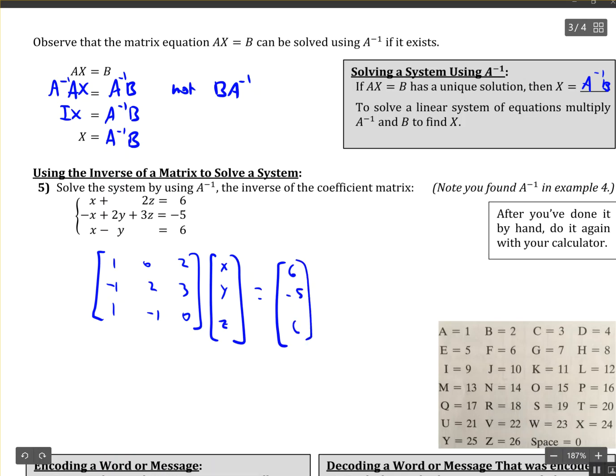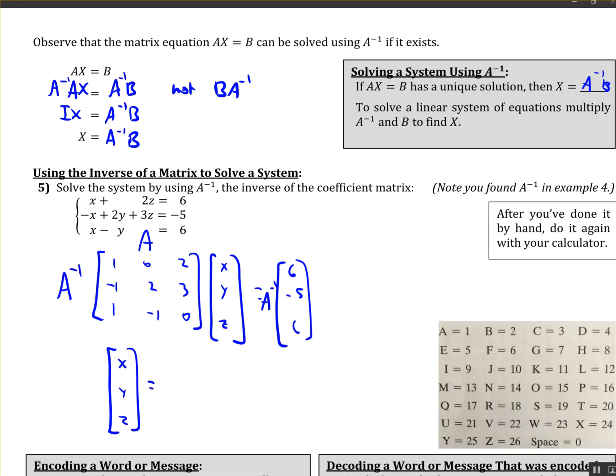So if I want to solve this, if we call this matrix A, we're going to multiply both sides on the left. We have to do it on the same side, so I'm going to do it on the left by A inverse. So notice if I do A inverse times A, I'm going to end up with just the identity matrix. So on the left side I just get X, Y, Z, because the identity matrix times anything is just itself. And then on the right side, let's just go ahead and write it out.